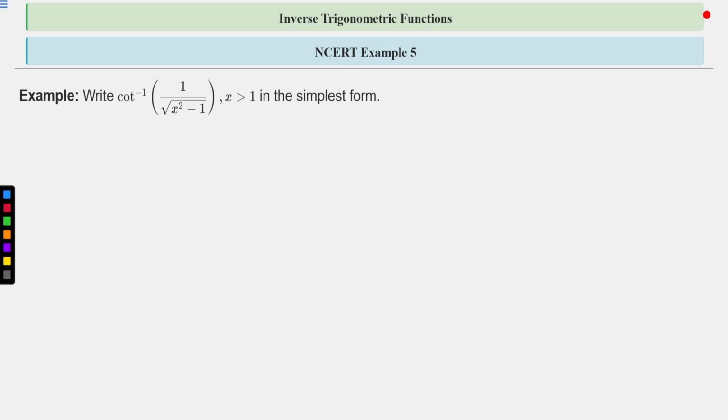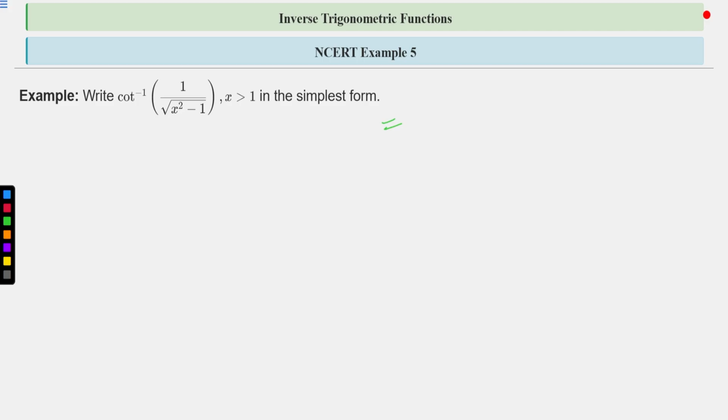Write cot inverse 1 by root x square minus 1, when x is greater than 1, in the simplest form, right? We have to write cot inverse 1 by root over x square minus 1, when x is greater than 1, in the simplest form. How can we write it in the simplest form?